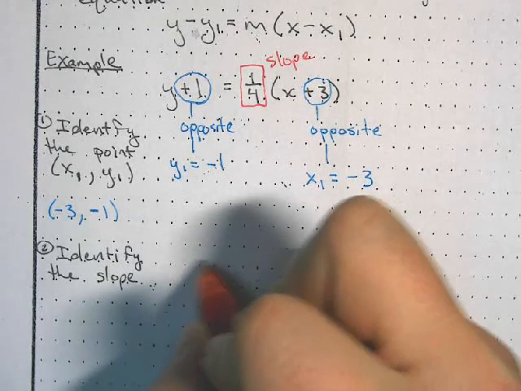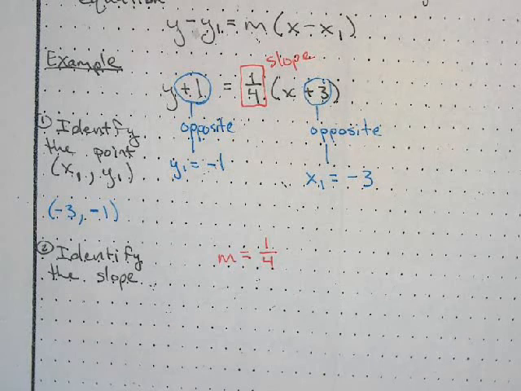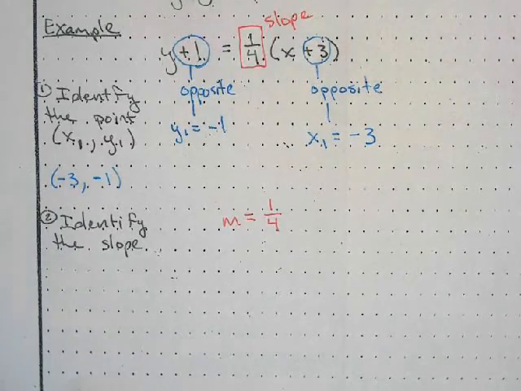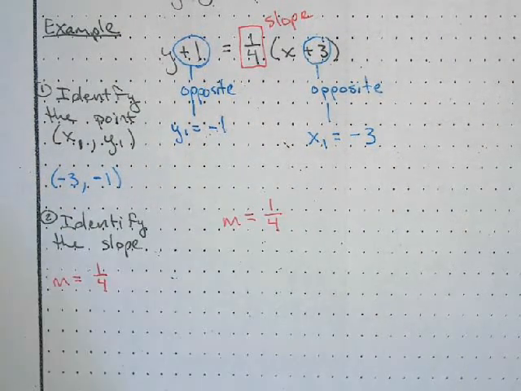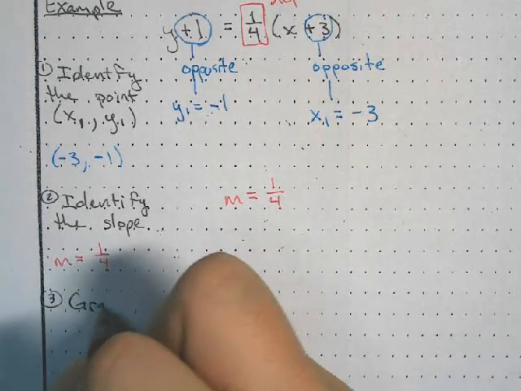I can say m equals 1/4, and that just stays the same. Now we have our slope, 1/4. And the last thing we do is graph.